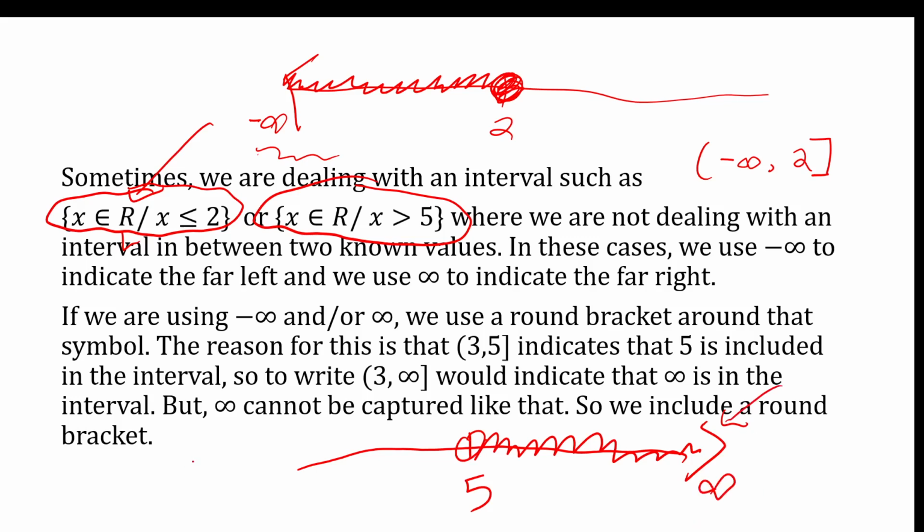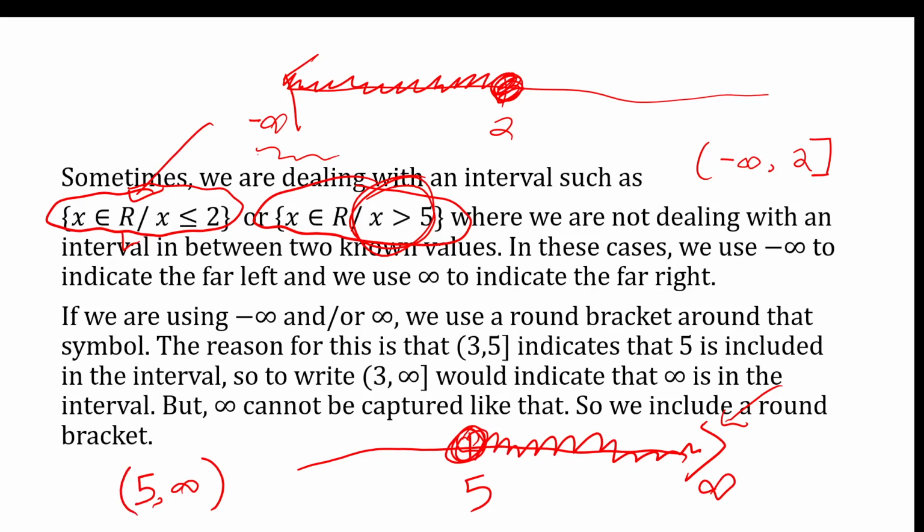And if we do that, then we'd be saying we're including all the numbers between 5 and infinity. You cannot include infinity, so you put a round bracket, and we're not including the 5 because there's an open circle there, because in the example I'm using, it just says greater, so we put a round bracket there.